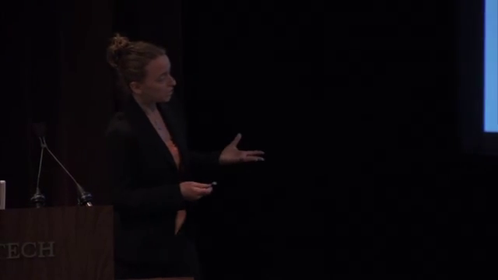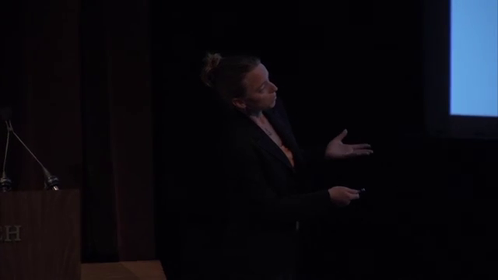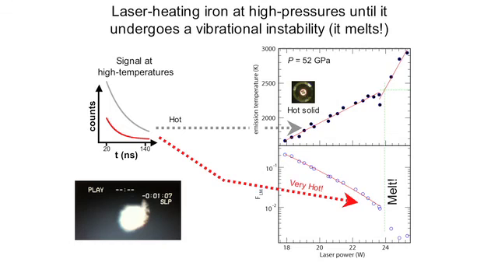And this is where the material melts. So what we have done here is that we have just measured a melting point of the iron metal using a new method. This particular method hasn't been used before. And we also have a tracking of the vibrational properties.